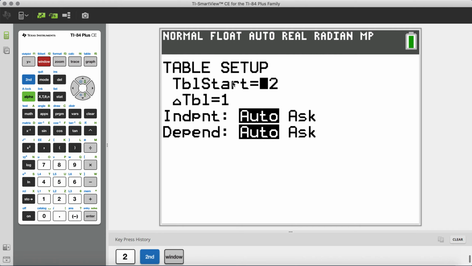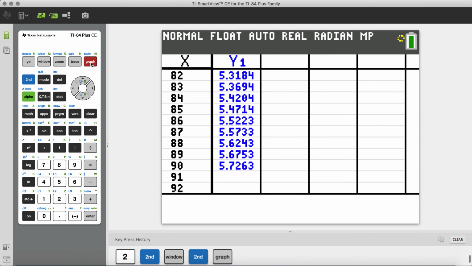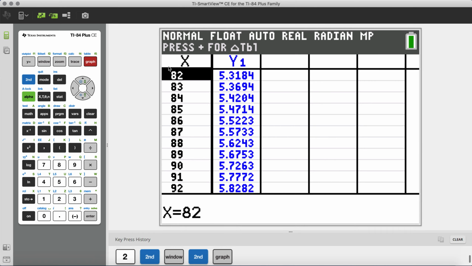Okay, so in table setup, 82 is where we want the table to start. Now we can click second table, and then bam, right? Now our table says at 82, our y value is 5.32. So that one is letter A and B. B is what we just did. We found it in the table. A was when we clicked trace and we typed in 82.